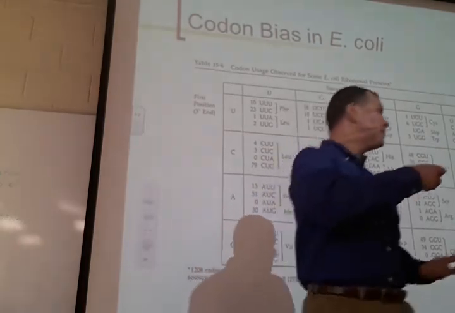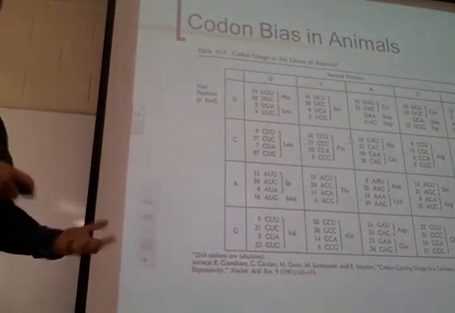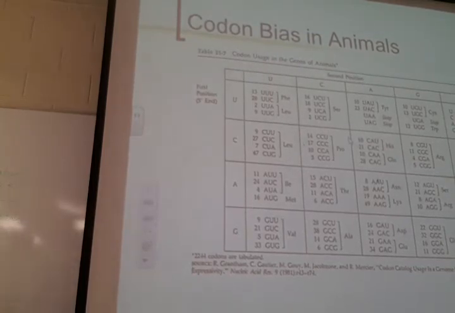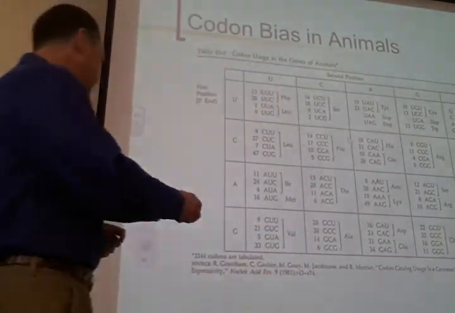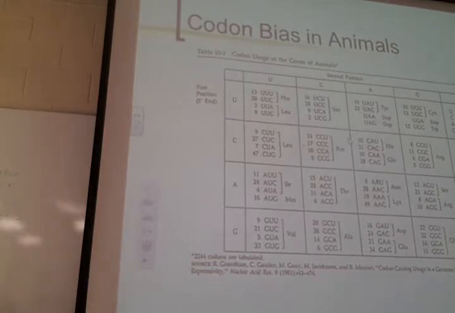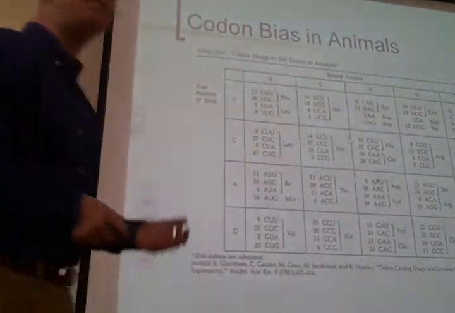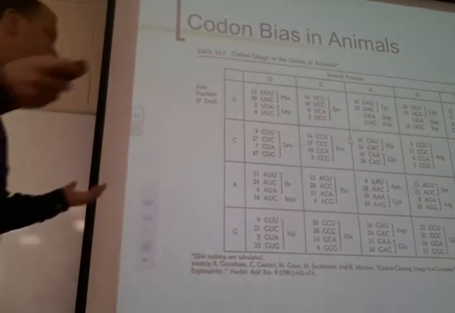And not only in bacteria, people have shown the same thing in animals. The biases are different, but there's almost always bias. This was discovered around the 80s or so, and we still don't have a great explanation for why. We can show it pretty easily. It's an accepted aspect, but we don't exactly know why they're not all used equally.